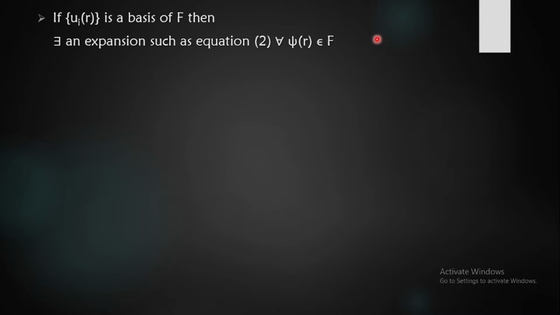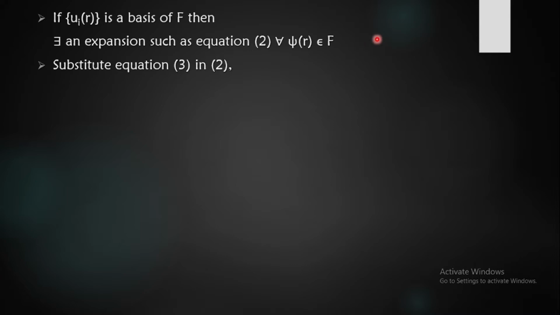Now, substituting equation number 3 in equation number 2, that is, we need to substitute the ci value in xi of r. By doing that we get the various components of ci, and the integration variable must be changed, as we have already used r in equation number 2. So now the domain has to change.